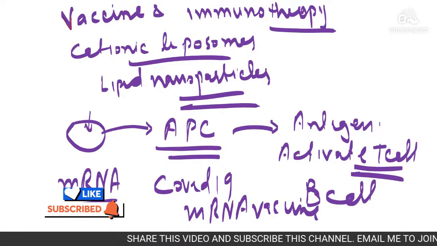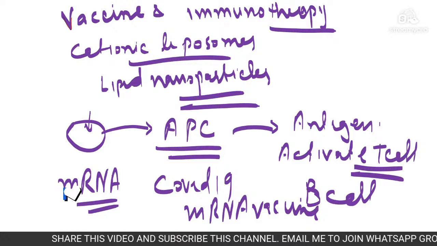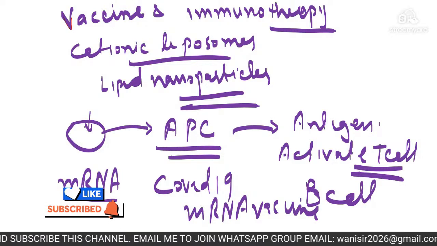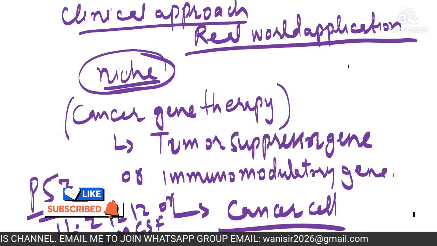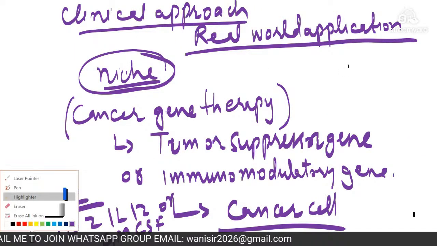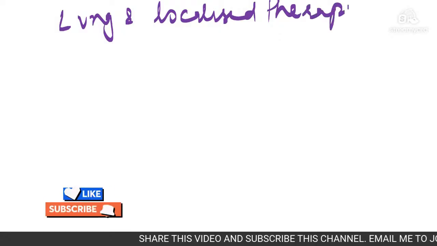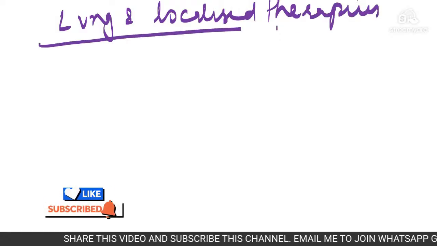So in today's world, liposome-like systems are already used in humans, not just in test tubes. Now, lung and localized therapies. What are the lung and localized therapies?